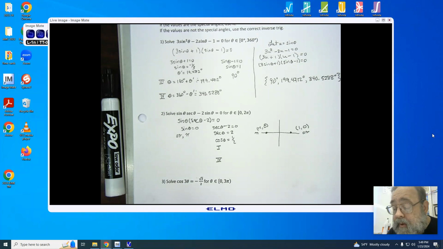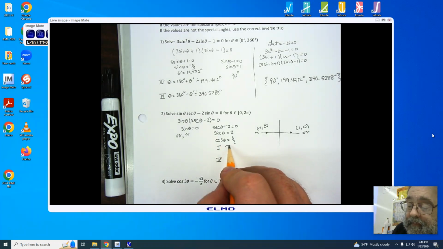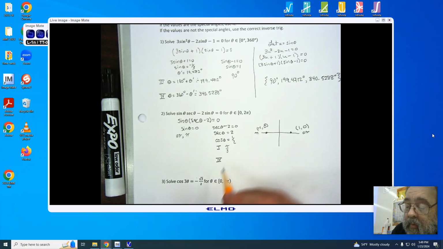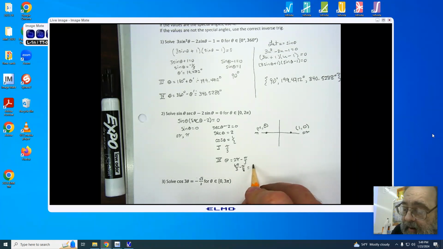So in the first quadrant, my reference angle is pi over 3. In the fourth quadrant, I'm looking at 2 pi minus pi over 3. I get my common denominator, so I have 6 pi over 3 minus pi over 3, and it yields the second answer, 5 pi over 3.